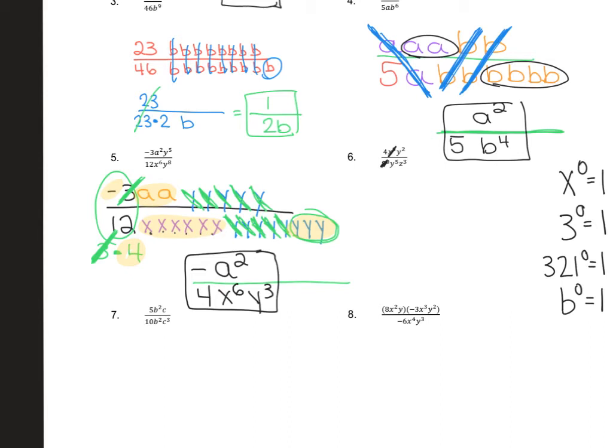So it's almost as if it disappears from our problem. So if I rewrote this problem, it would be 4y to the second over y to the fifth, z to the third. Now, you don't have to rewrite the problem, but if you want to make it look a little bit cleaner, you can.